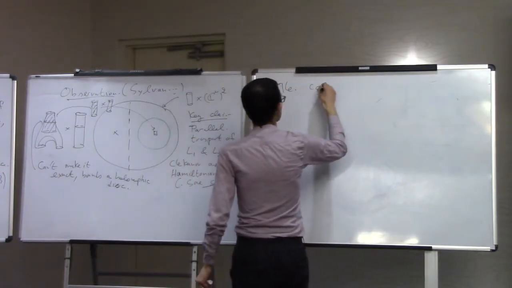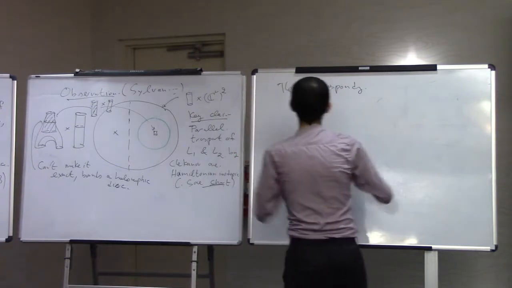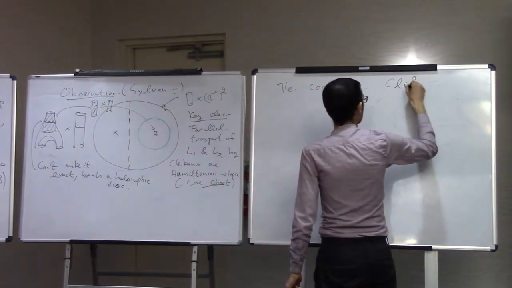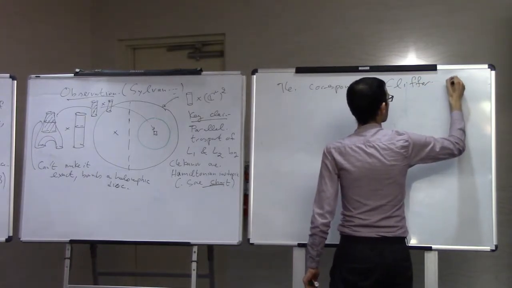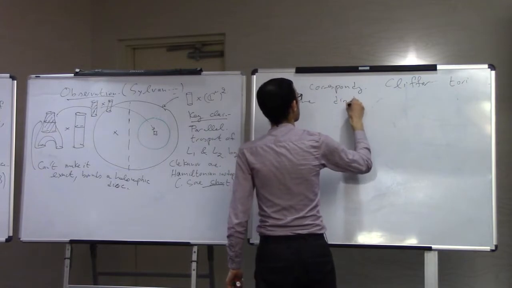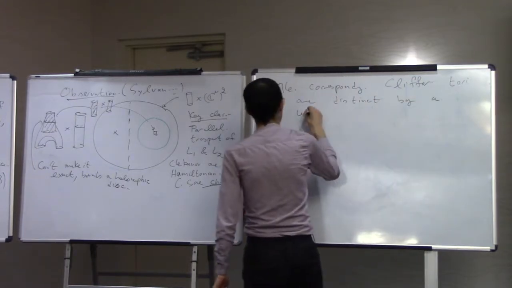The corresponding Clifford tori are distinct by a wall crossing computation.